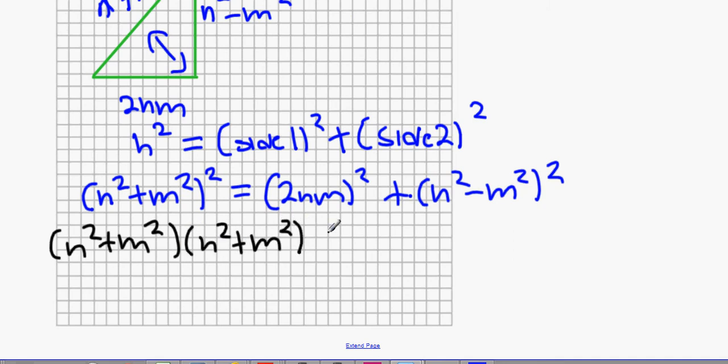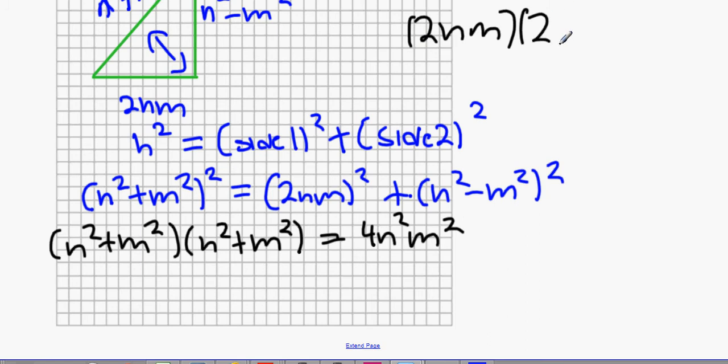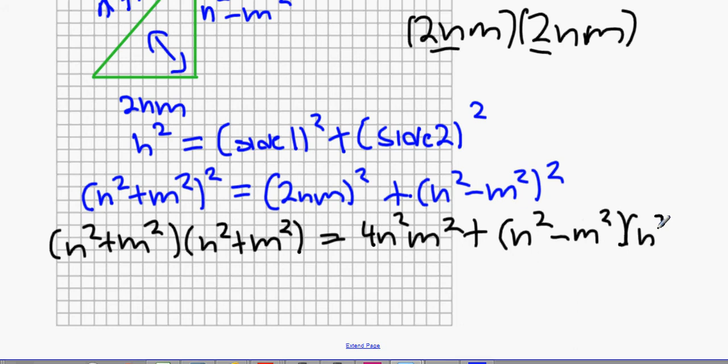This one's going to be 4n squared m squared, because it's 2nm multiplied by 2nm, which is 4n squared m squared, and then we're going to have (n squared minus m squared)(n squared minus m squared).